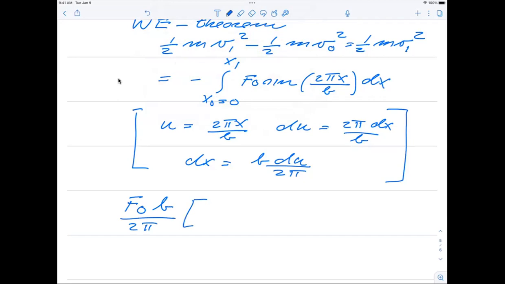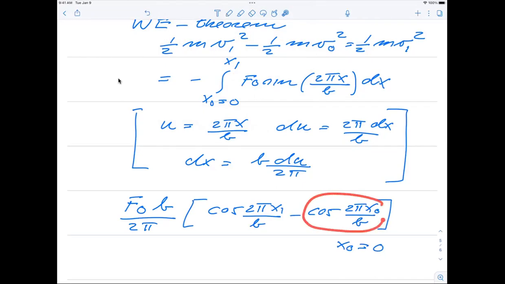And when I'm integrating up sine, I know that that is minus cosine. I have a minus sign in front of it. So I actually get a cosine of 2 pi x1 divided by b minus a cosine of 2 pi x0 divided by b. And I know that x0 is after all 0, so the term here becomes simply cosine of 0, which is 1.